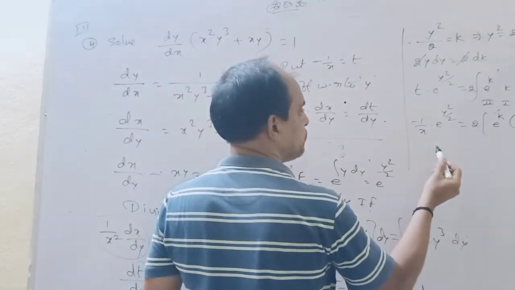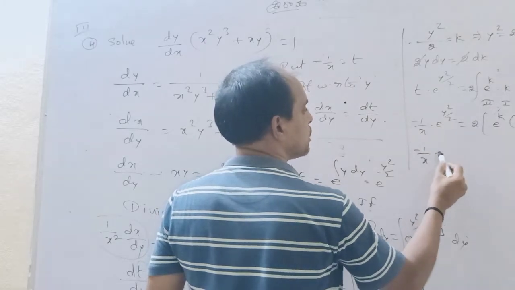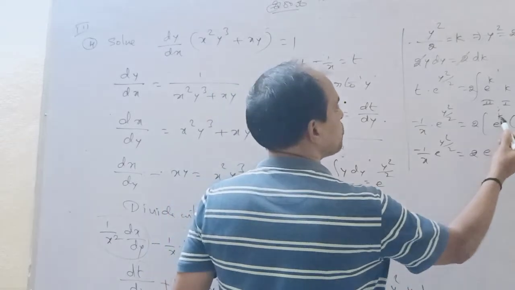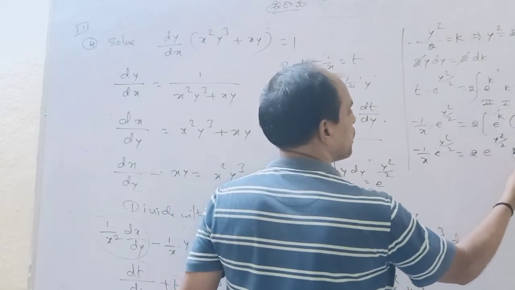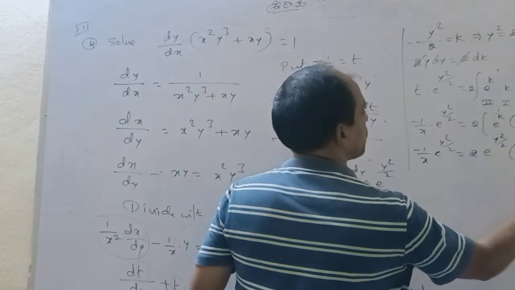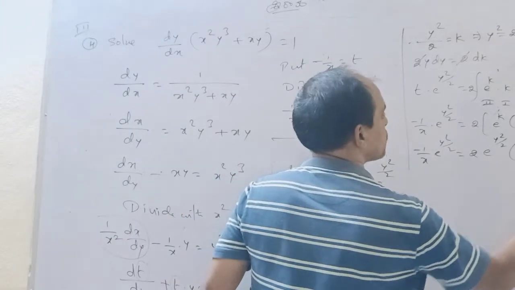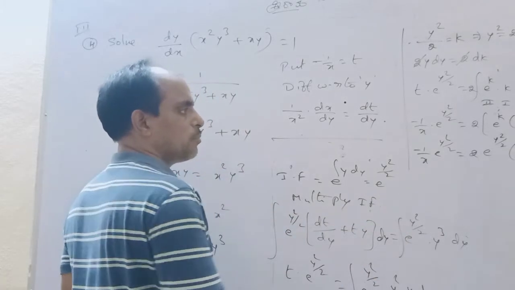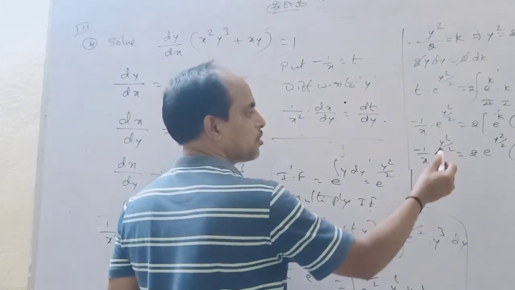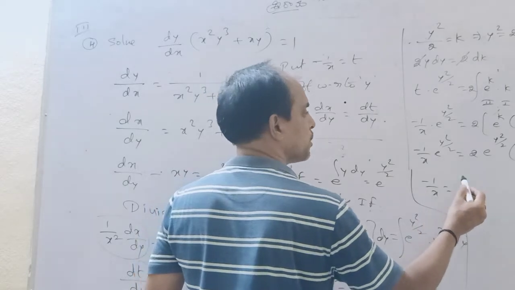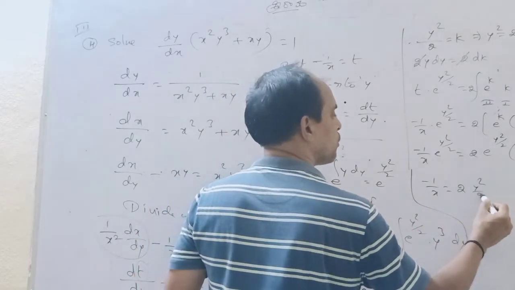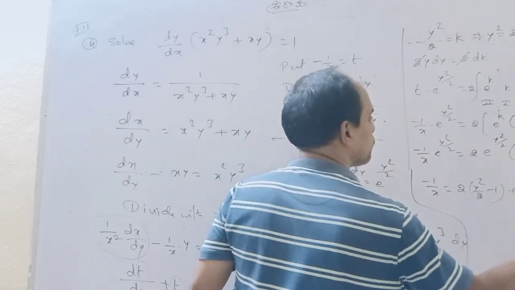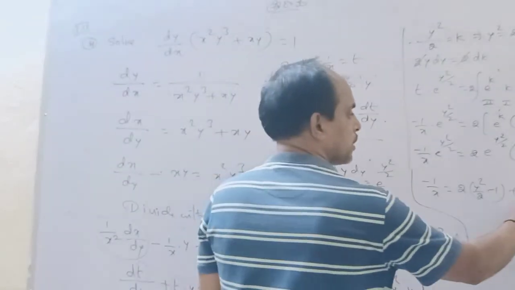So that is minus 1 by x into e to the power of y square by 2 is equal to 2 into e to the power of k, that means e to the power y square by 2, into y square by 2 minus 1, plus a constant c. Now you can simplify by dividing with e power y square by 2, that is minus 1 by x is equal to 2 of y square by 2 minus 1, plus c into e to the power of minus y square by 2.